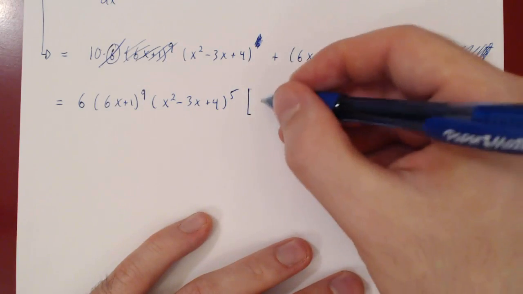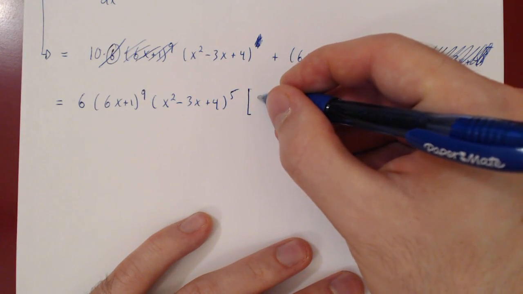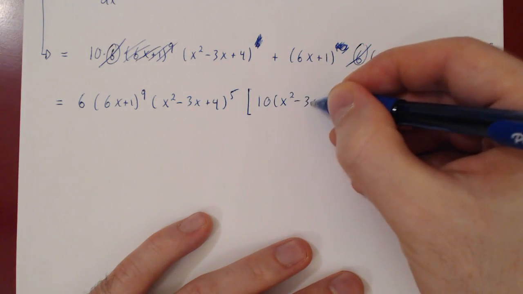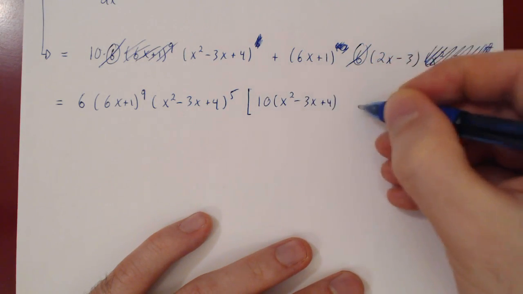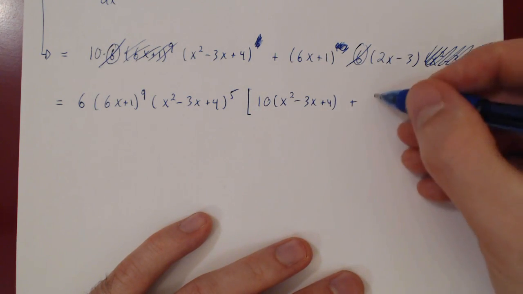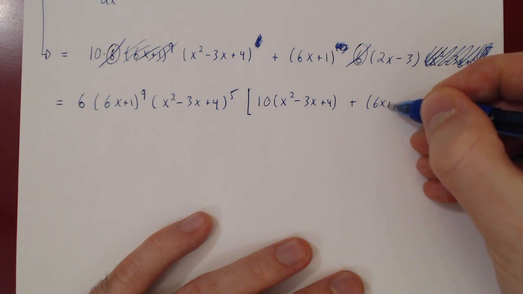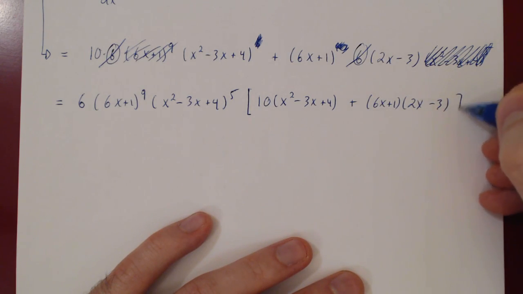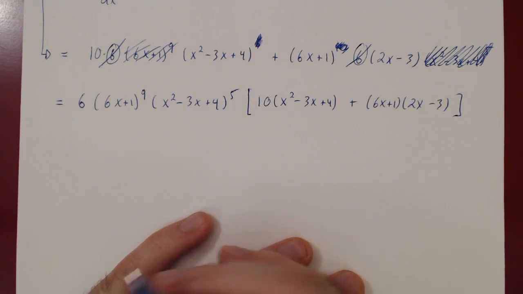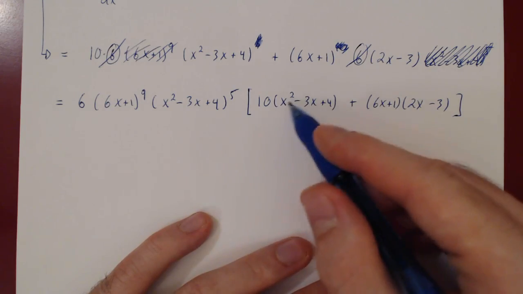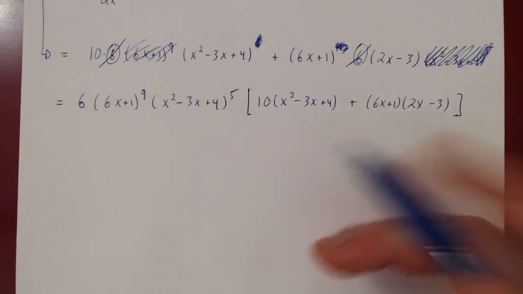10 times the quadratic plus (6x plus 1) times (2x minus 3). And what's left now is simply to multiply both of these expressions and pair up the multiples of x squared, x, and the constant terms.